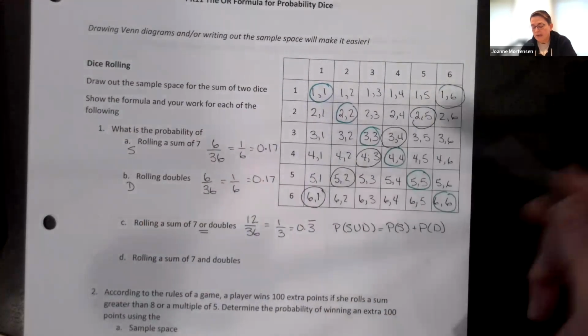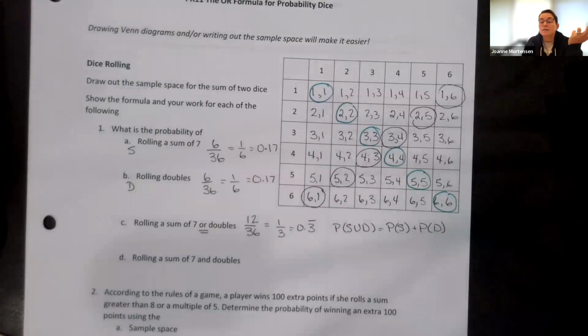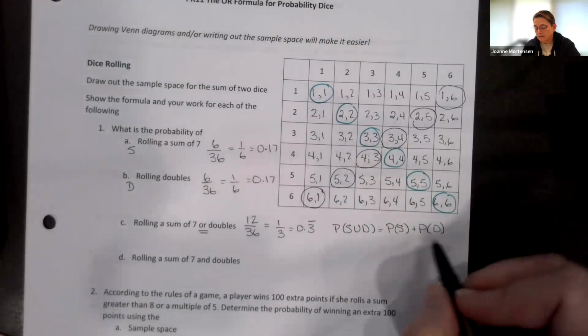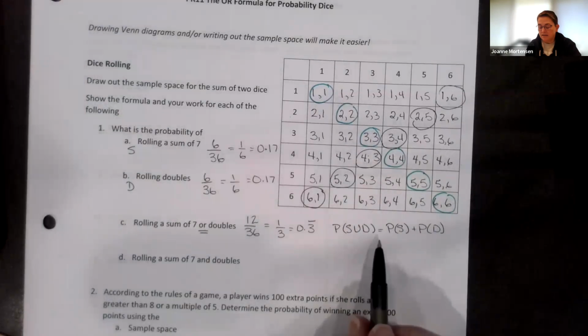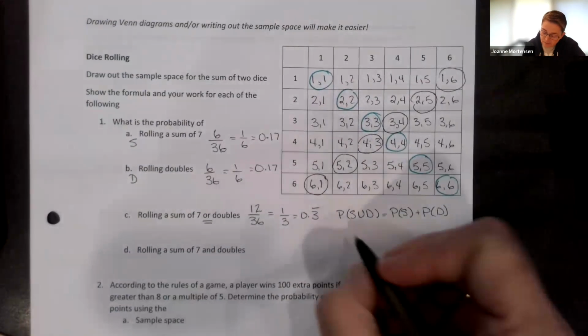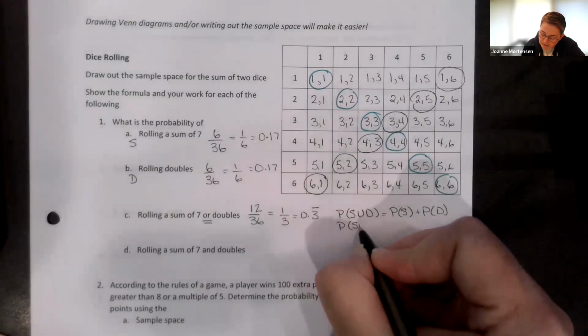I already know by looking at these they're mutually exclusive. There's nothing that has a double circle on it. If I wasn't sure, I could put the subtract on there, but this is the correct formula when they are mutually exclusive.